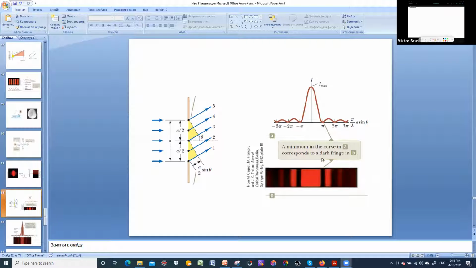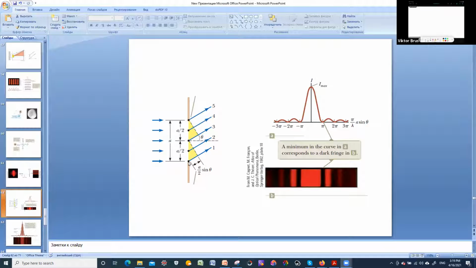So based on this analysis, we recognize that a diffraction pattern is actually an interference pattern in which the different sources of light are different portions of the slit. So we can divide this into as many portions as we want.